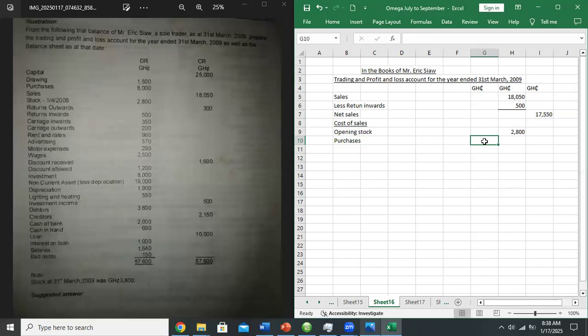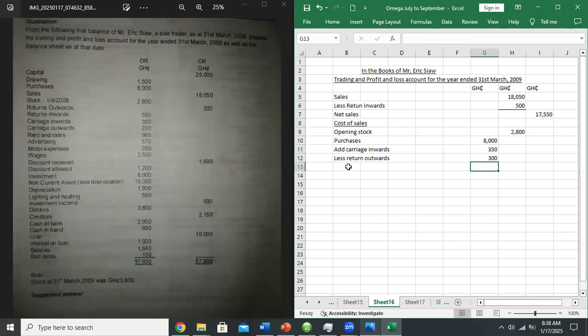So we'll pick the purchase figure, which is 8,000. We add the carriage inwards, and then we less return outwards. The carriage is 350 and return outwards is 300, as you see there.